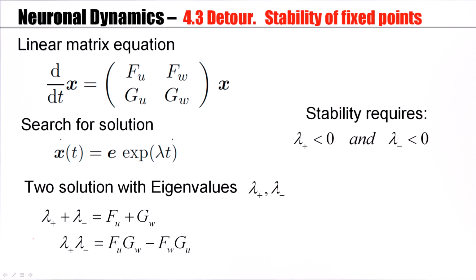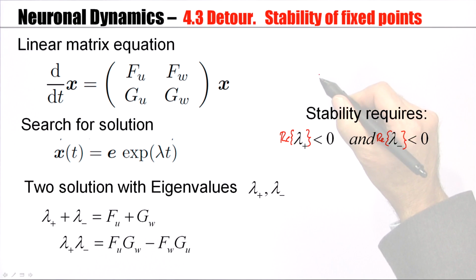Now, stability requires that the real part of both eigenvalues be negative. So it could be that the eigenvalues are real, in which case I don't need to write down the real part of, but it can also be that these eigenvalues are complex numbers.